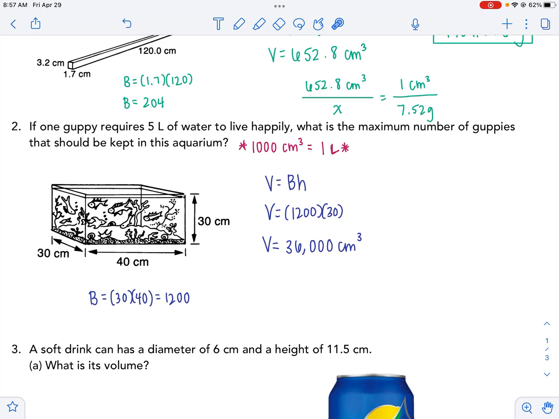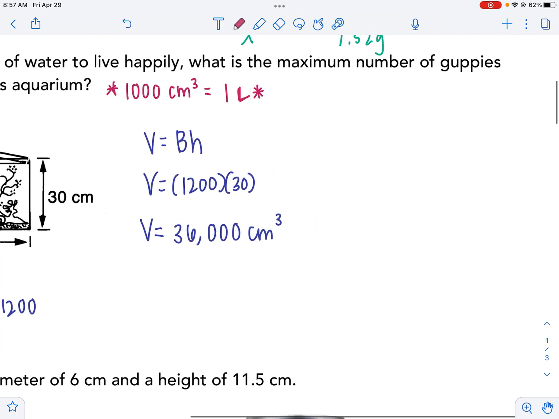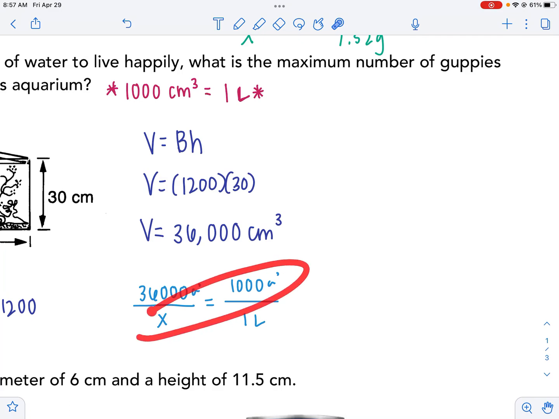So once again, if you're not sure whether to divide or multiply, we can go ahead and set up a proportion. So 36,000, I don't know how many liters that is. That's my X. Well, I know that 1,000, remember I'm matching my unit, so centimeters cubed is going on top. 1,000 centimeters cubed would be 1 liter. So when I go to cross multiply, X times 1,000 equals 36,000.